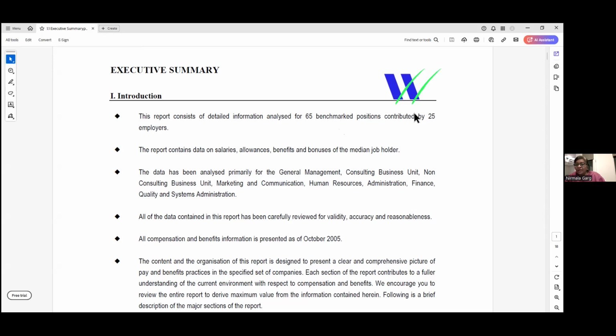If you can see here, 25 employers. Now, say for example, Sanjay is a person who was wanting to see, hey, where do I stand vis-a-vis the market data? So just look at it first.